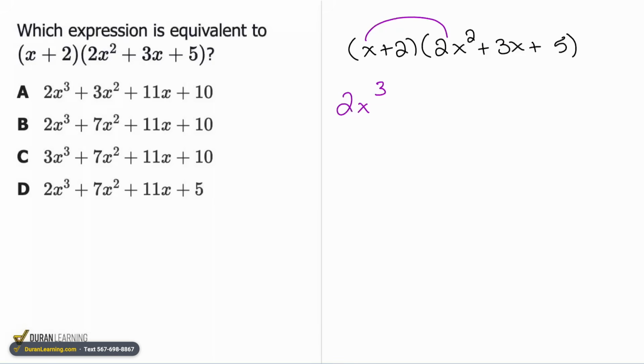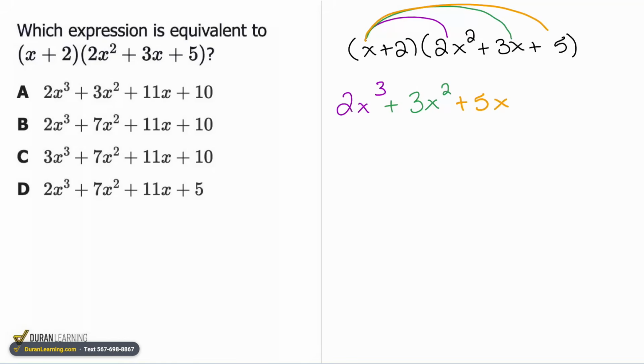Okay, cool. Next up, we still have the x multiplying with the 3x over here. x times 3x, that'll be 3x squared. We're still not done with the x because we have to make sure that it still multiplies with the 5. x times 5, that'll end up being 5x. So that's part 1.